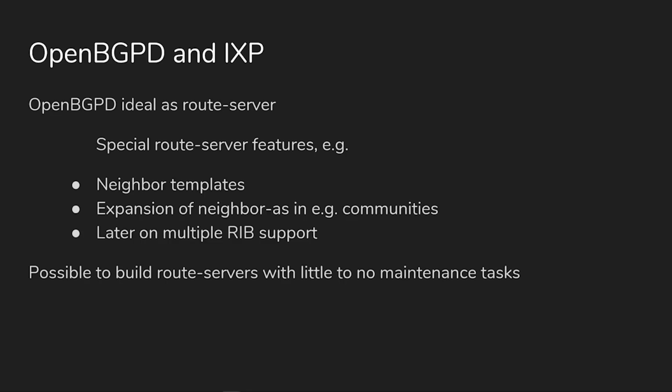There was the idea of neighbor templates, using templating as a way of configuration, using special macros to make your filters generic, so you don't have to add special filter blocks for each and every peering that you add. Because of that, it was possible to run route servers with very little administrative maintenance tasks. You set them up and they were running and everything was fine and everything was good.